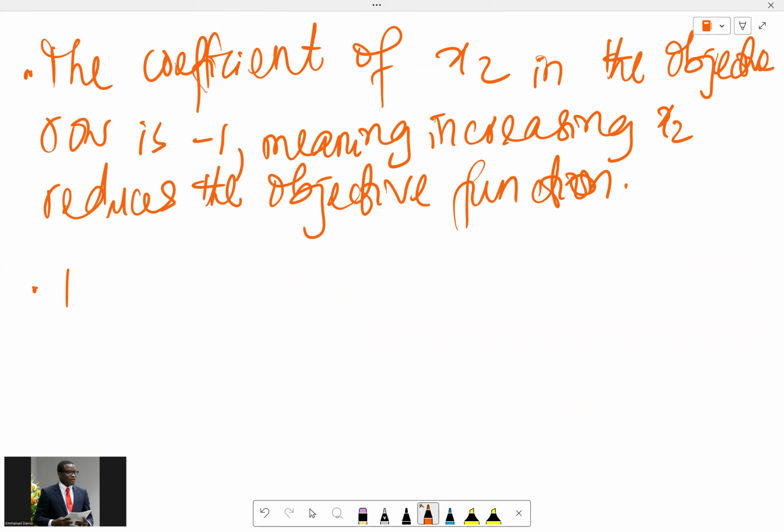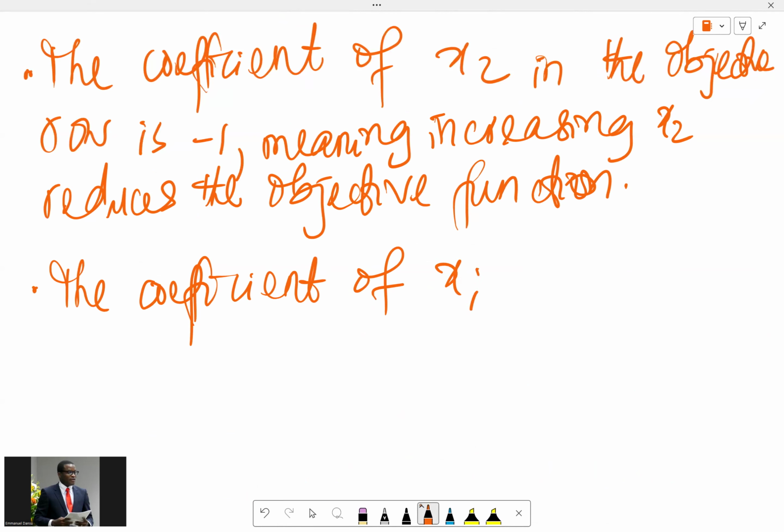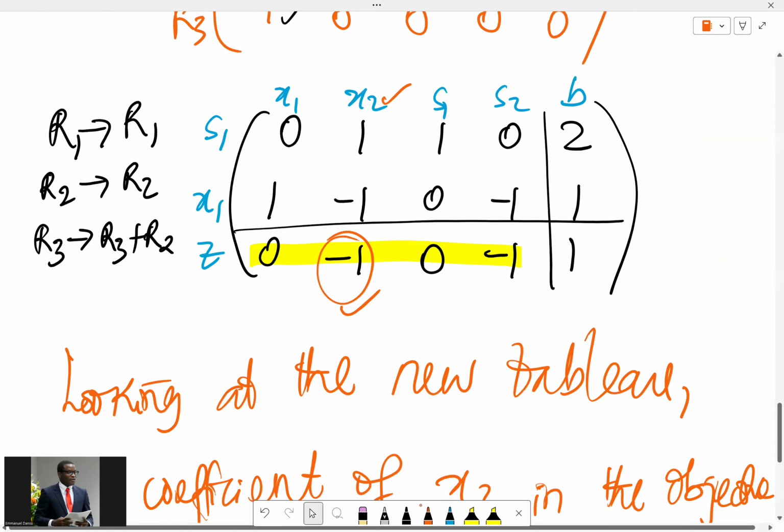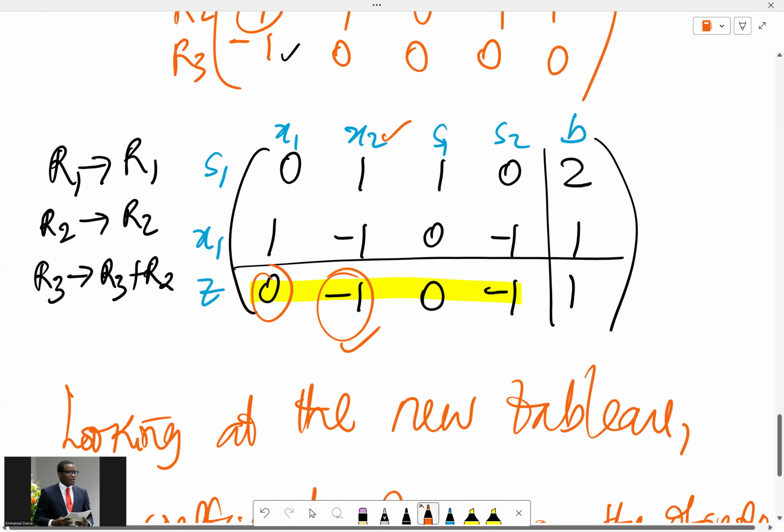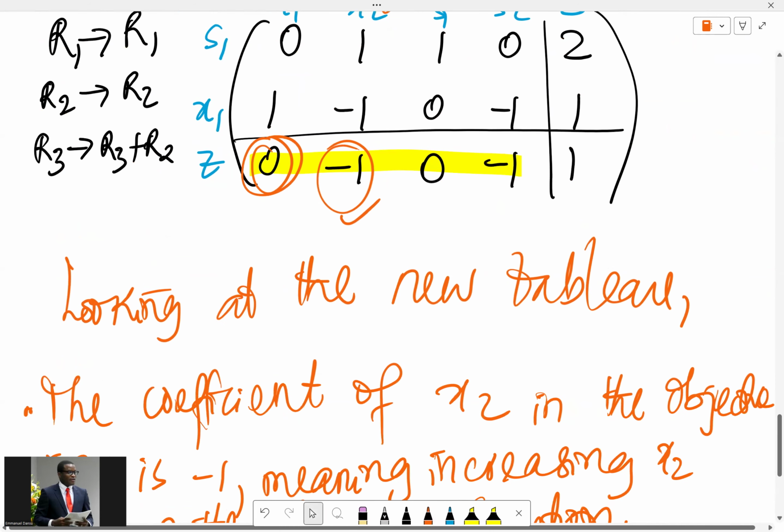But then see the second part now. You see that the coefficient of x1 is now 0. Okay. So look at the coefficient of x1 in the objective function. It's now 0. What does that tell us?